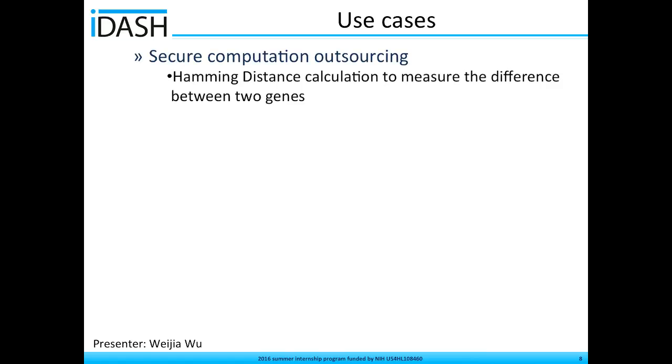First is secure computation outsourcing. We want to calculate the Hamming distance to measure the difference between two gene regions. This is helpful in medical research. And then, since the genomic data is very large, we want to do secure storage outsourcing.